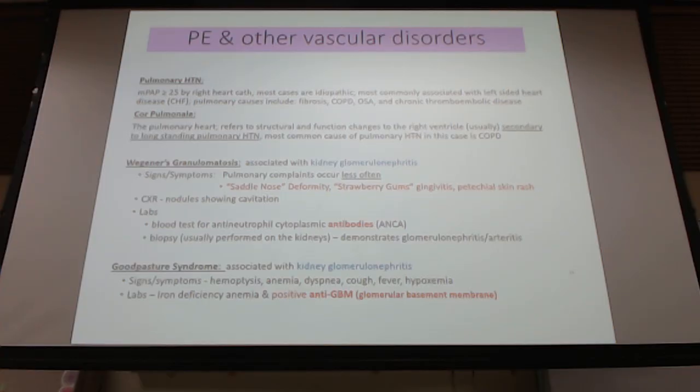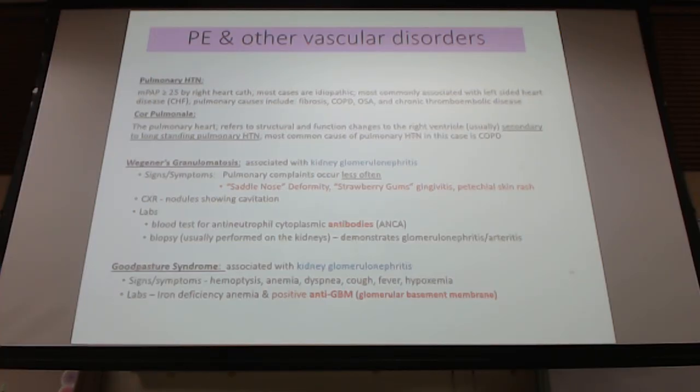I don't expect you to know the different categories. That's how they categorize it by the cause, what's caused it. It is 25 millimeters of mercury, greater than or equal to. You need to cath the heart to get that.